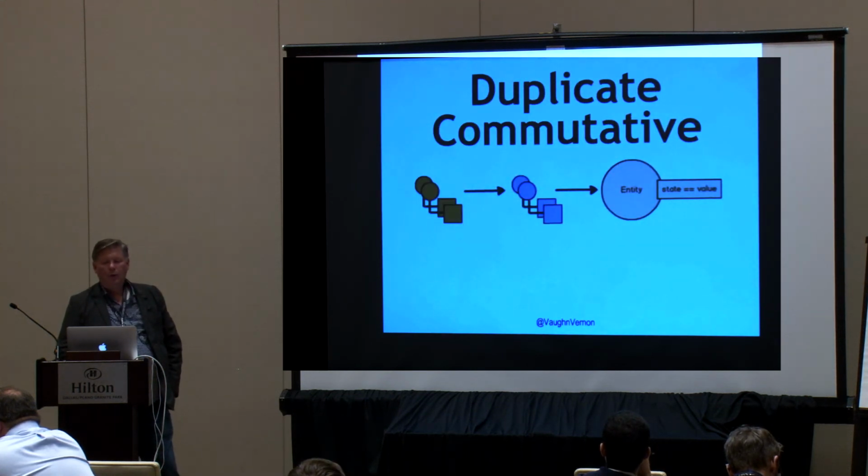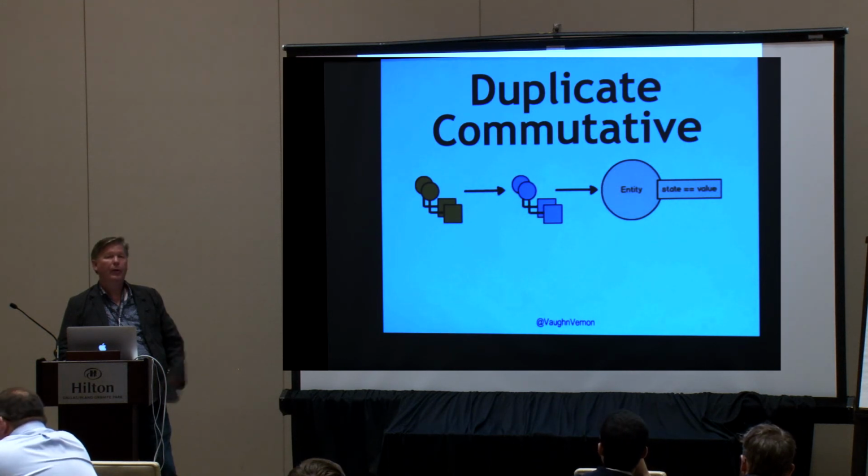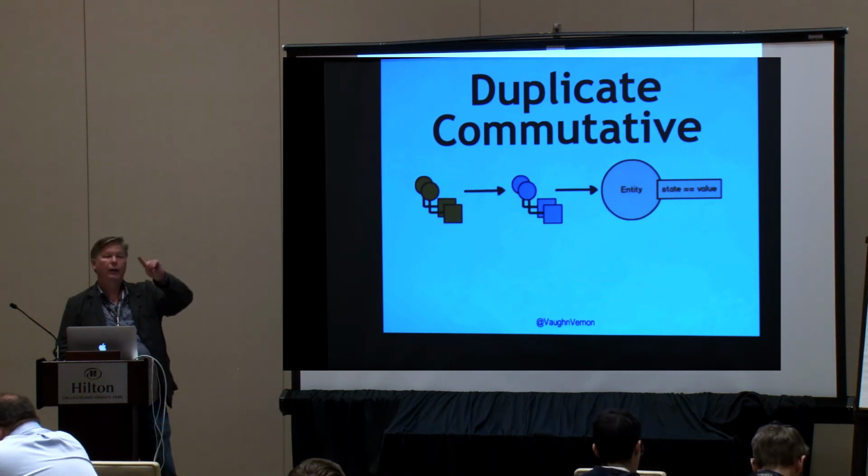So what happens if we receive duplicate messages of some kind, whether they're commands or events? If they are commutative operations, it's simple. Just decide, is this operation that I'm handling right now commutative? What is commutative? You probably remember that 2 plus 3 is 5, and 5 plus 3 is 2, right?